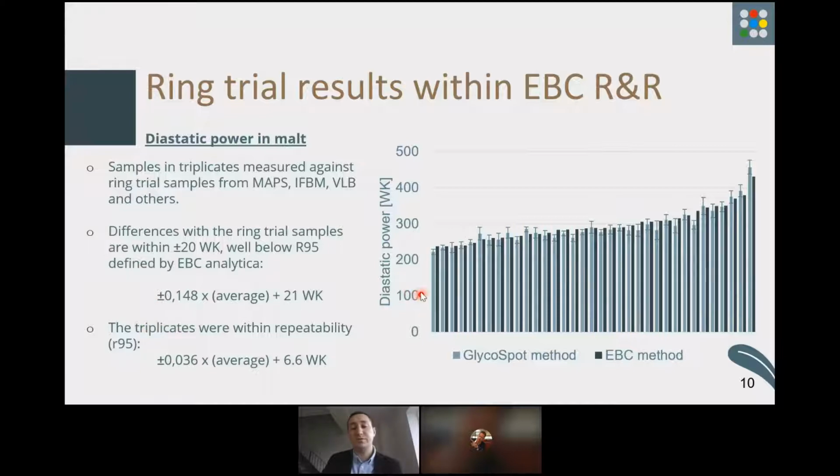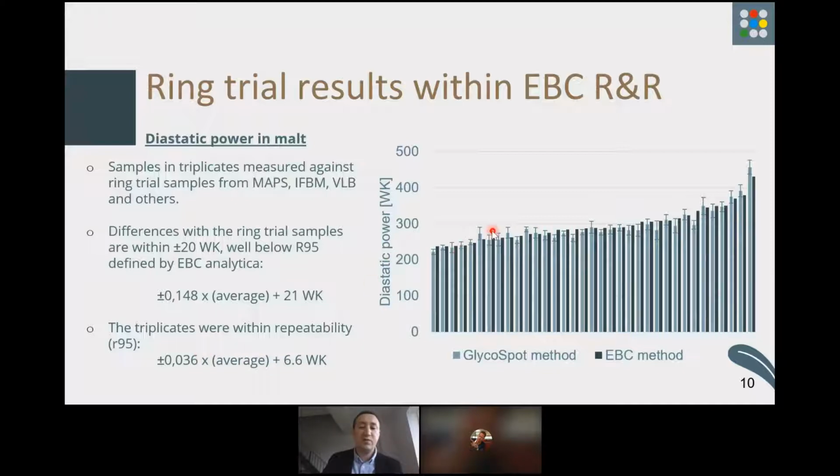So for this range of samples, the reproducibility range would be something between 50 and 80 Windisch-Kolbach, and we are well below with 20 Windisch-Kolbach. When it comes to repeatability, again taking the EBC criteria, which would follow this formula, repeatability means how good are you at repeating the same result with the same sample and the same method.